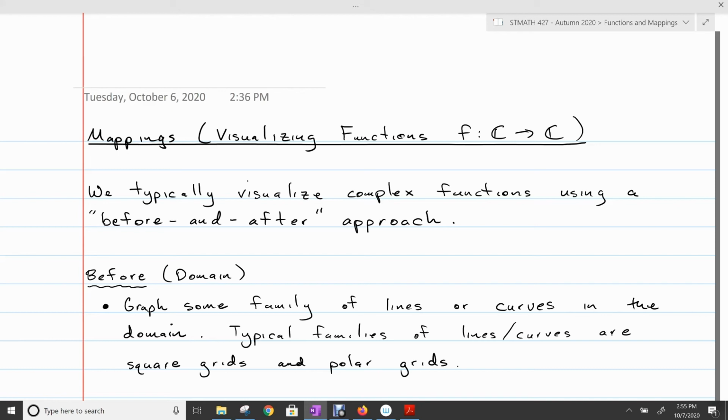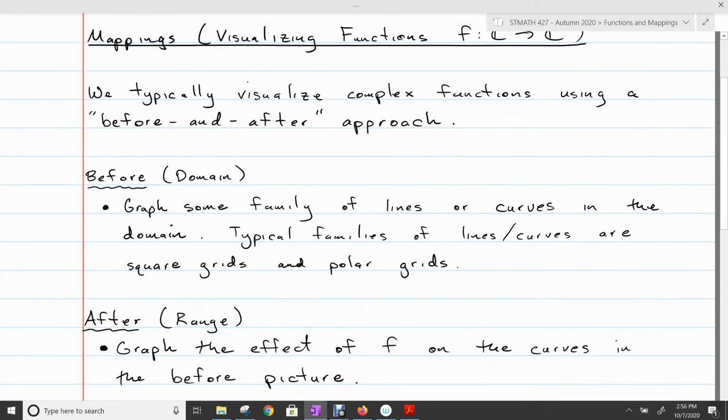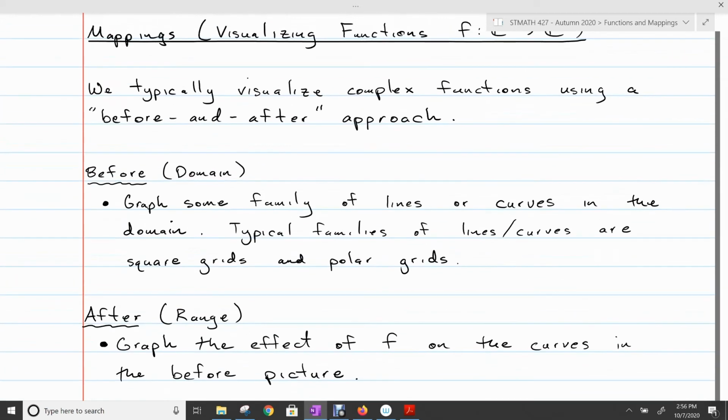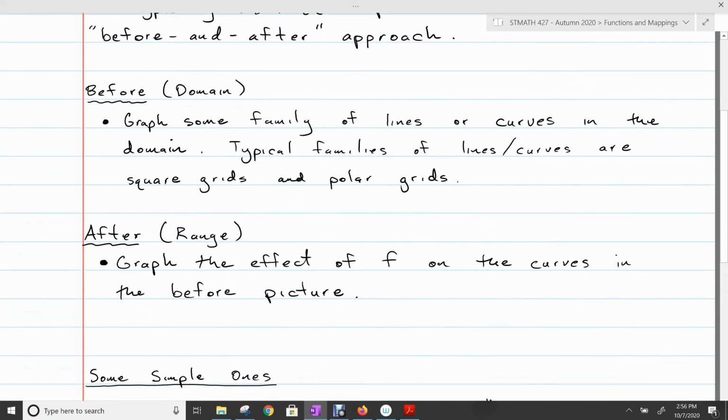There are some ways of doing it, like projection methods and other things, but what is typically done is to use a sort of before and after approach. So you've got this function, and the before set is just the domain. What you usually do is, let's just say the domain is the whole complex plane, but it could be some portion of the complex plane.